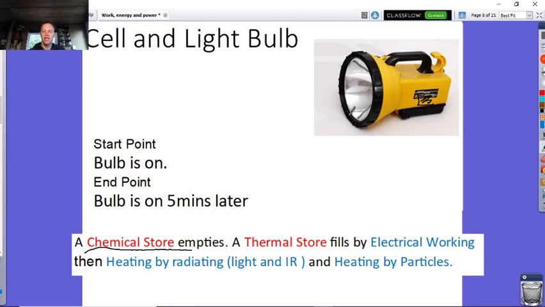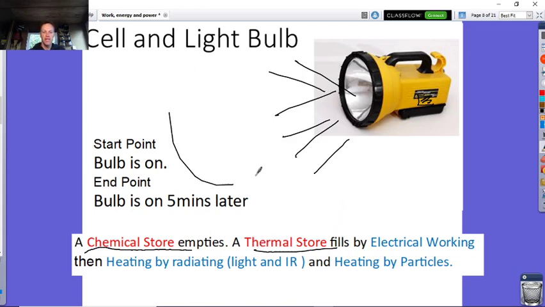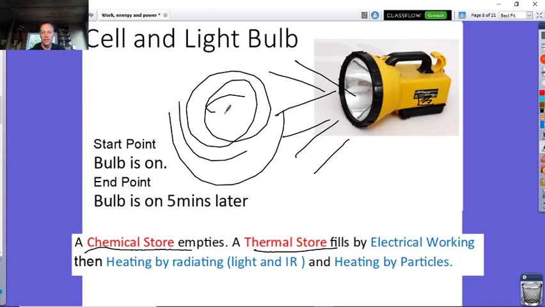Then, 5 minutes later, because the light is on and you can't say you've got a light store, you're going to get a thermal store, because you're basically heating up the air around here, aren't you? It does this because you've got your wires going in here, connecting the cell to the bulb. The bulb can be just here. It does it by electrical working. Then eventually the bulb is going to light up.